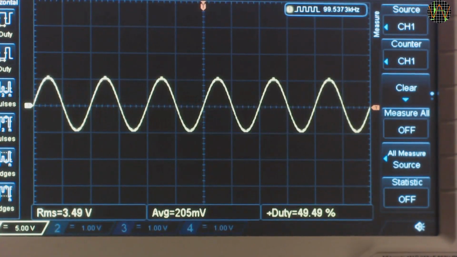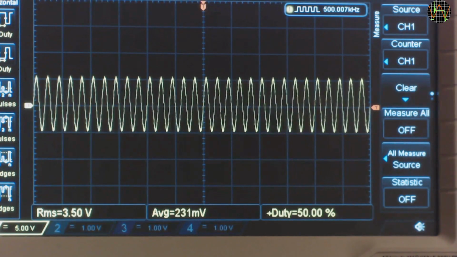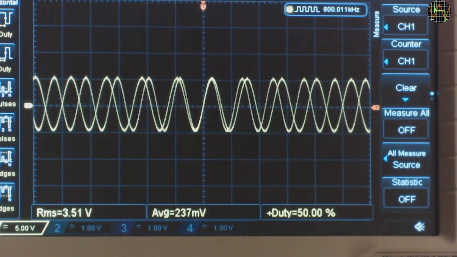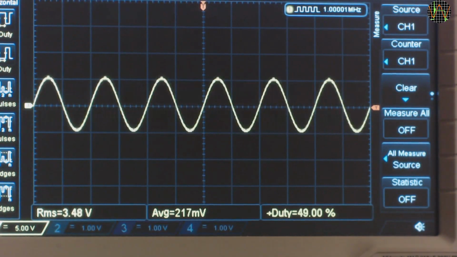I selected a sine wave because all meters should have no problem with the RMS value for a sine wave, and I increased the amplitude to ±10 volts to give the averaging meter a better chance to keep up. You can see that the scope had no problem in determining RMS in this large frequency range.